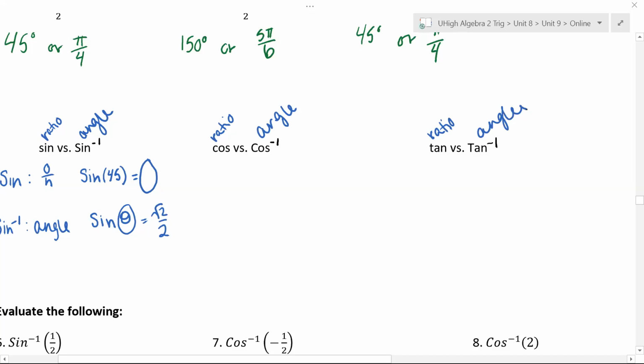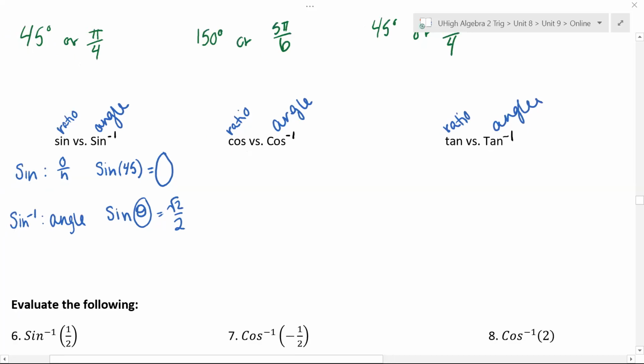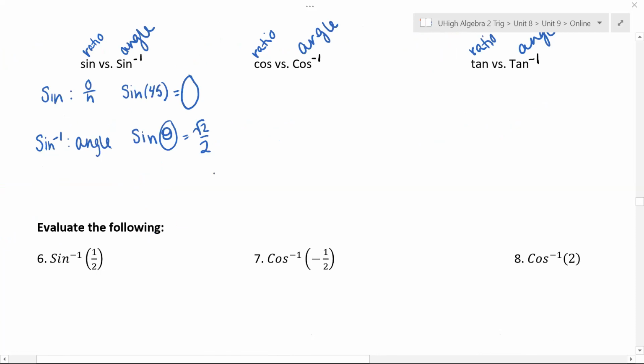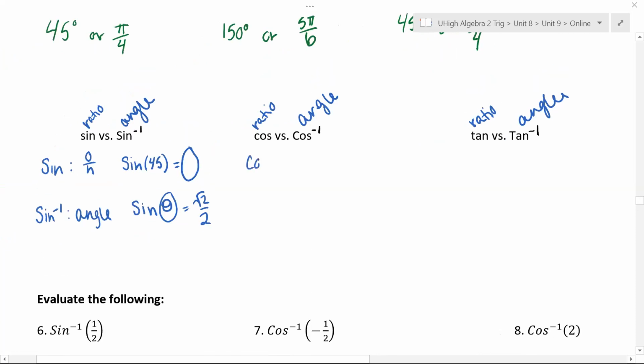So, for example, cosine is adjacent over hypotenuse. So I would say the cosine of 150 is, let's see, negative root 3 over 2. But if I'm looking at my inverse cosine, I'm looking for that angle.